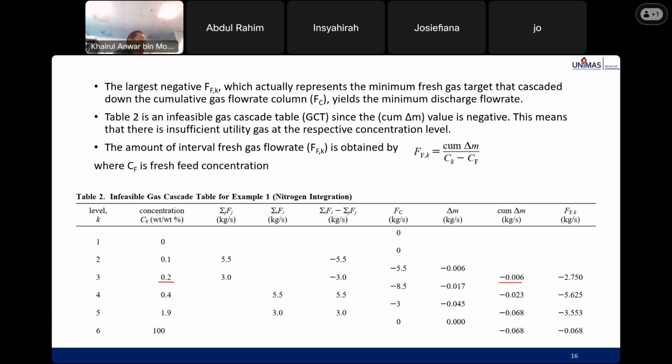So don't use negative 0.06, use negative 0.0055.